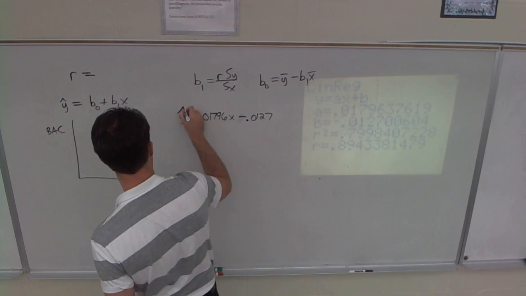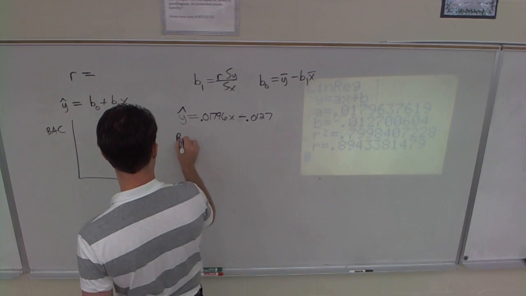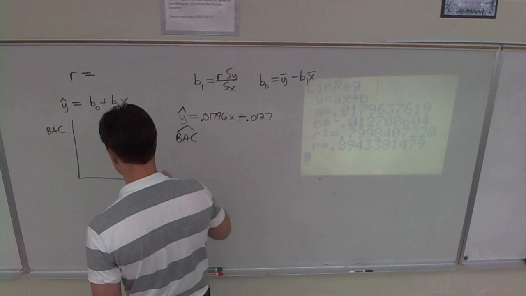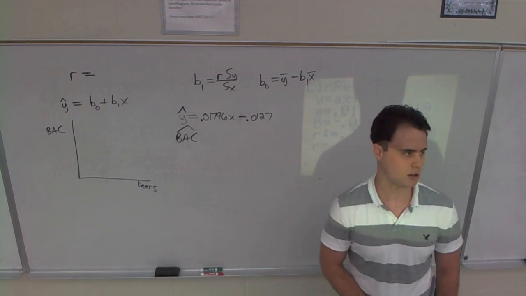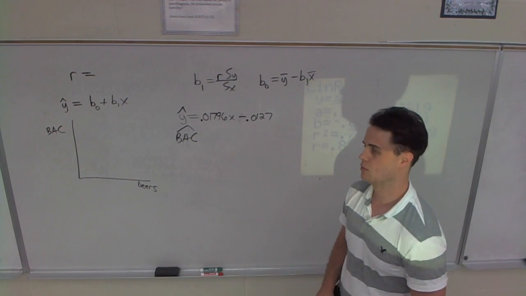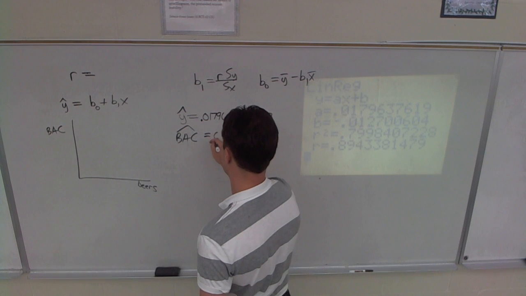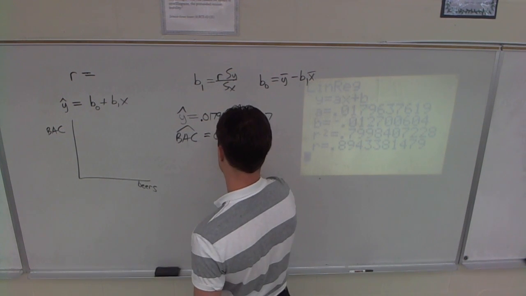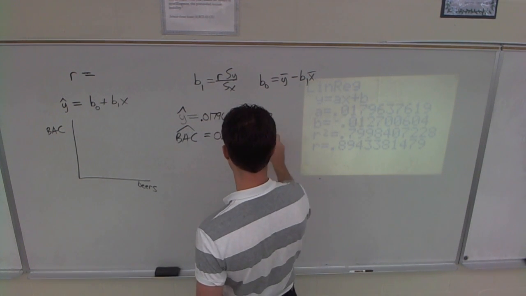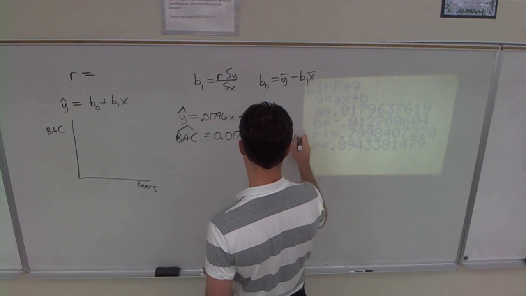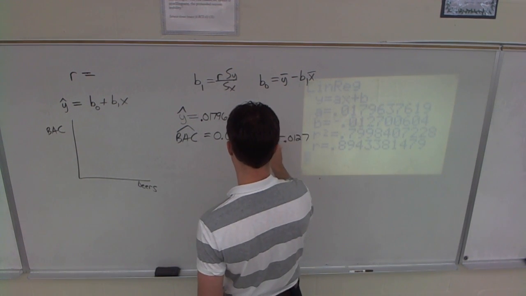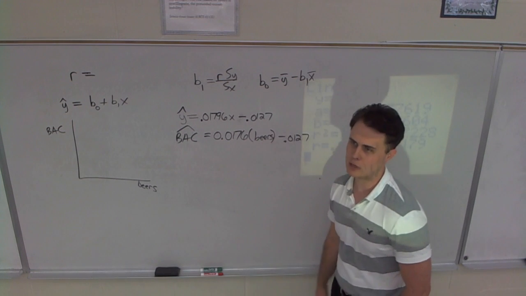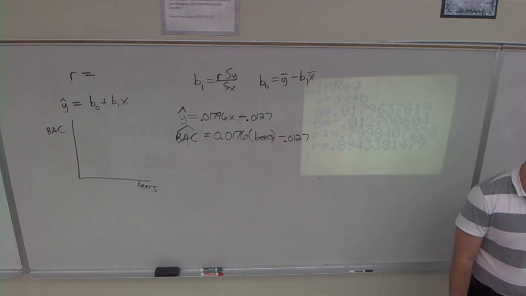So I should say the blood alcohol content model. And instead of x there, I should put what? Beers. That's right. That's a professional AP Stats level regression line.